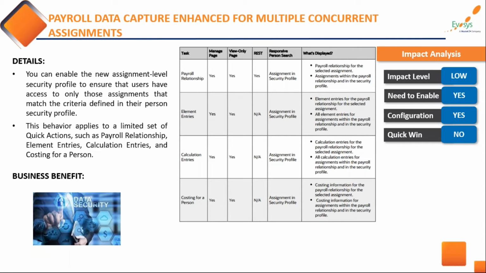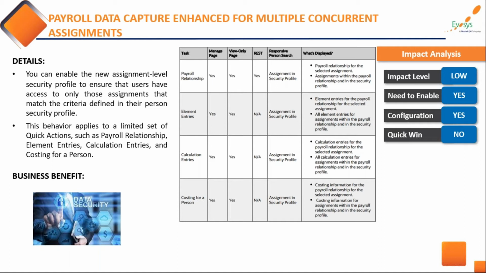What does that mean? You can control what people can see and cannot see based on their need for a particular assignment. If I have a manager who's only looking at one particular assignment of an employee, then he would only see that assignment's details and not the rest of the assignments that the employee might have.